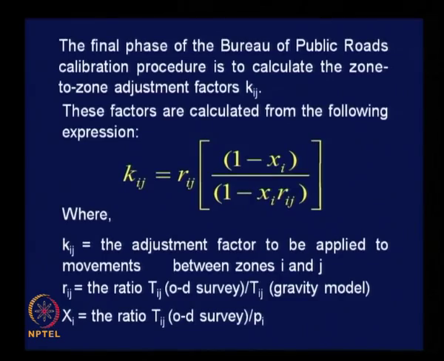And we also found that it is possible to get whole numbers, which are more logical, for all the cells in the matrix, which resulted in whole numbers for trip attraction values also, right.